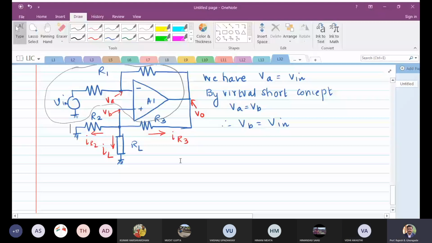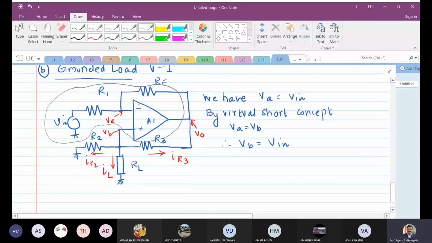Now I have marked this particular area, and what does this circuit resemble? Which amplifier does this resemble? Inverting or non-inverting? This is an inverting amplifier or a non-inverting amplifier?